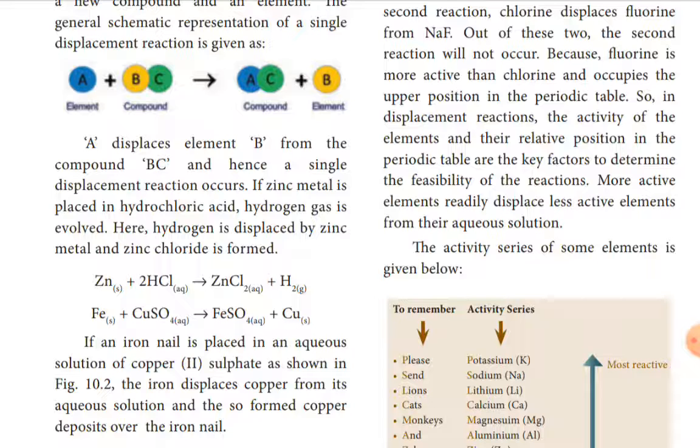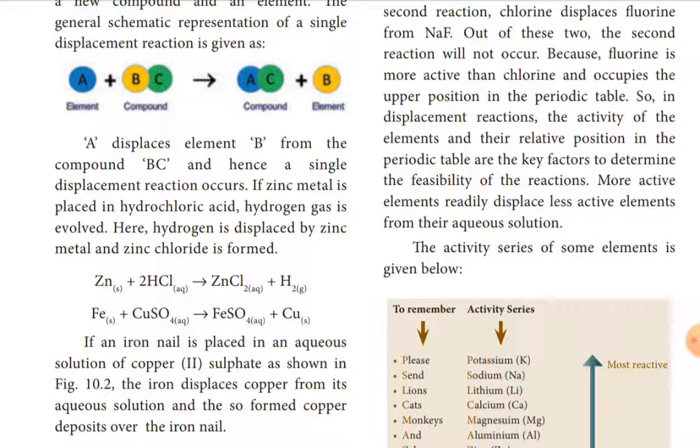For example, zinc is an element, HCl is a compound. So when zinc reacts with hydrochloric acid, what happens? See, zinc displaces hydrogen. The hydrogen gas H2 on the product side is displaced by zinc metal.